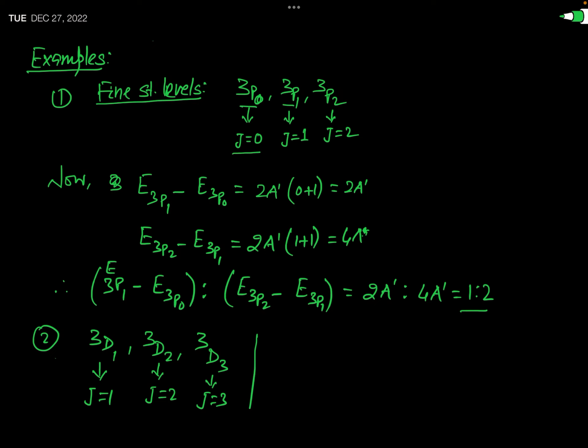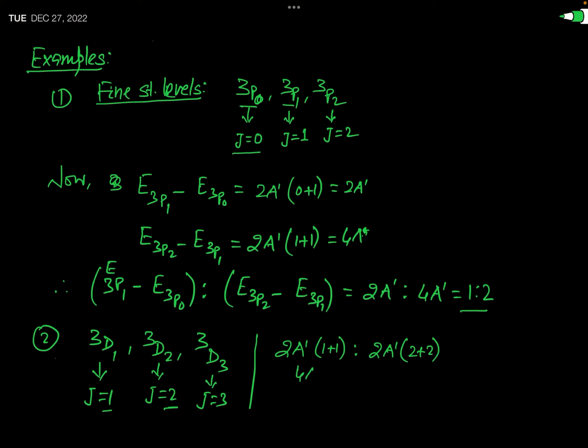So now in a short step, you can find the ratio of the difference of energy. I am just calculating in a short step. If j is equal to 1, the energy is 2a prime times 1 plus 1, j plus 1 is 2. Now, 2a prime, and now we will take j equal to 2. I am solving this problem in very short steps.